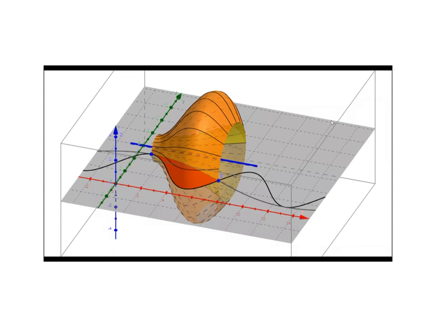Here is a GeoGebra program created by Steve Phelps. And if you notice here, this red region is the area that's being rotated about this blue horizontal line, and it looks like the equation is y equals 6. So let's just review how we would set up an integral for that.